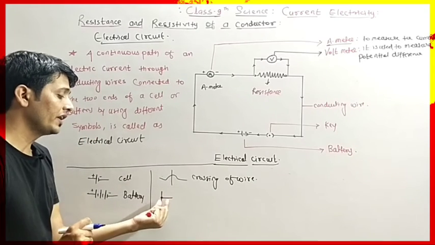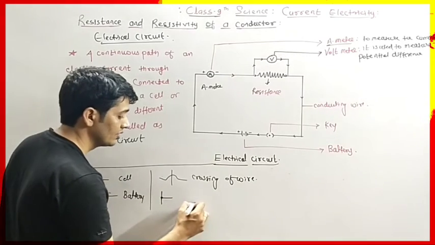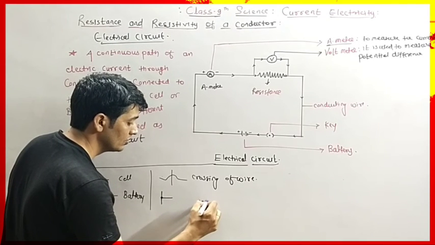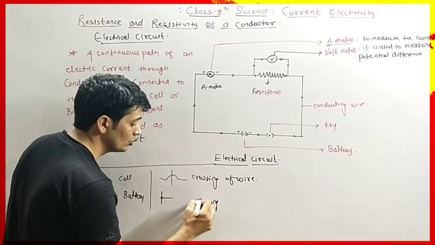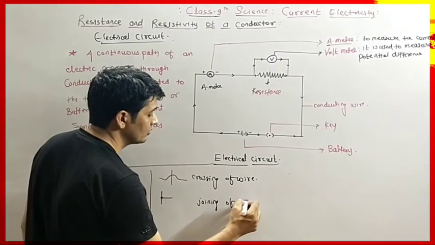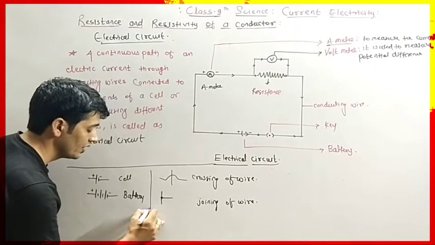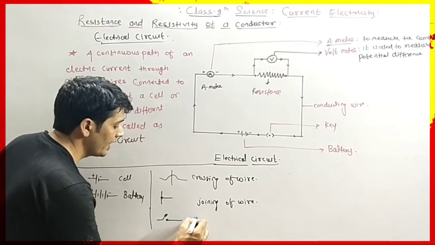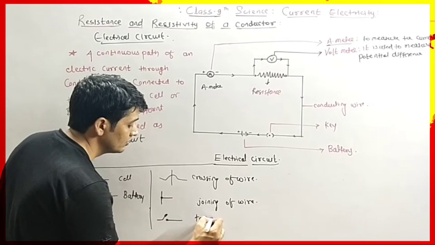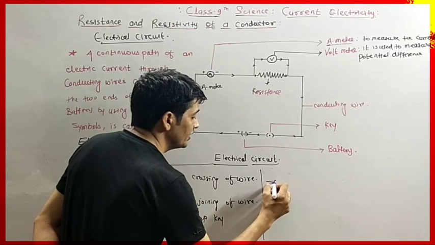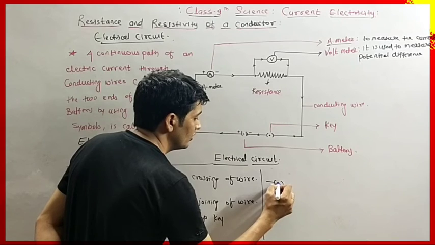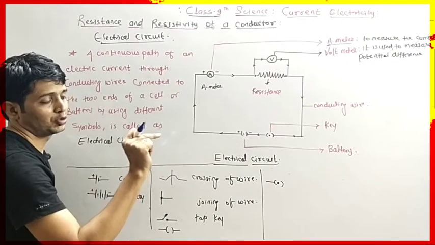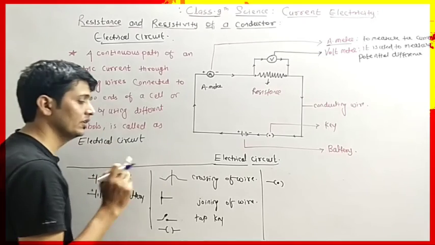Here you are making one more connection, the joining of wire. Here it is the tap key. This is the push key. You can push to turn on or turn off the light.